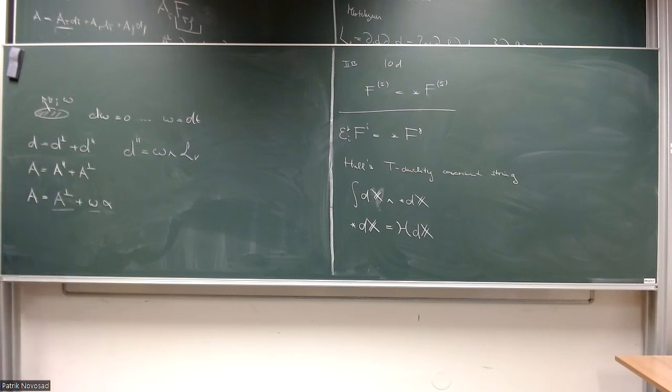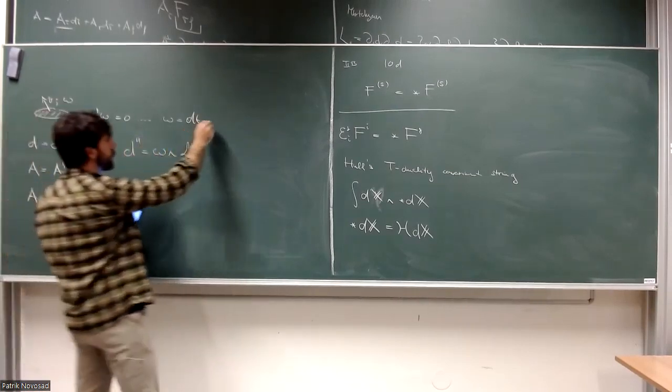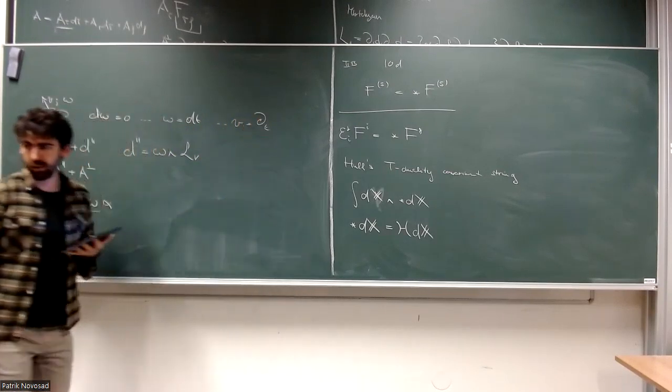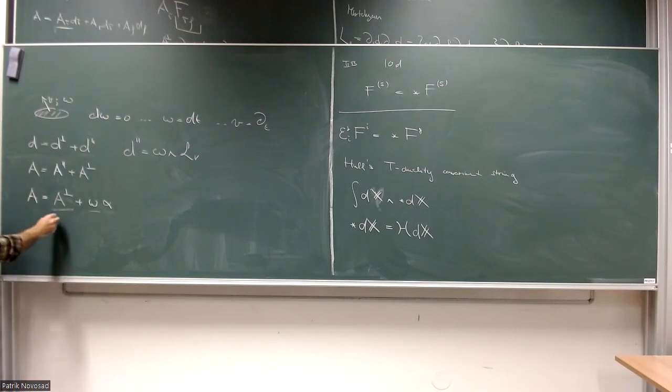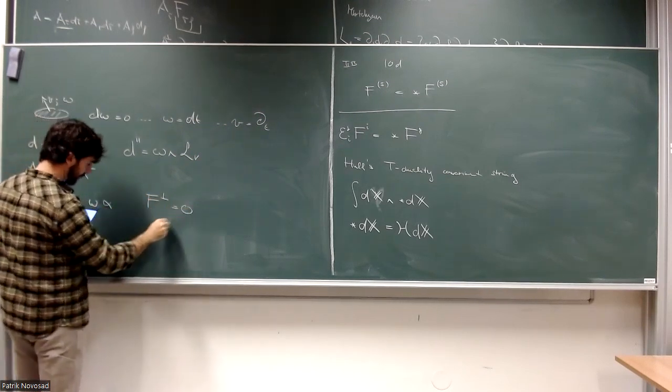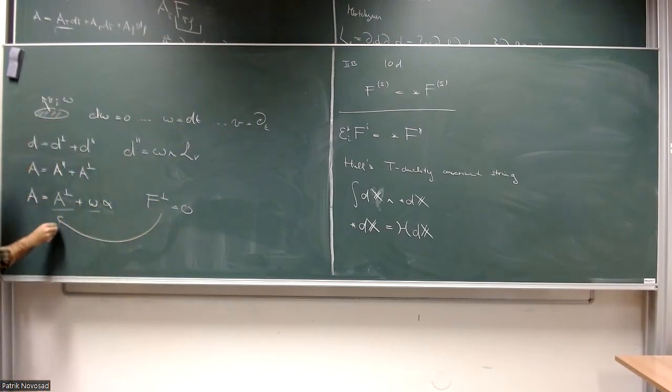I guess if you want to go to the static gauge, omega equals dt, then I guess you also put the vector field b to maybe be d/dt. Yes. If you do this, then by solving this step, this will tell you that this guy should be some d of phi.